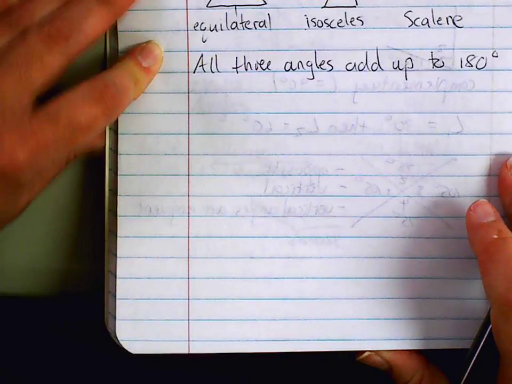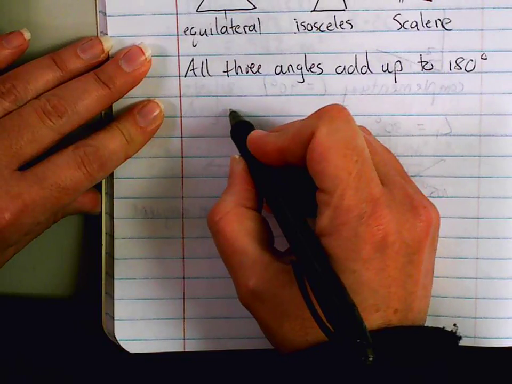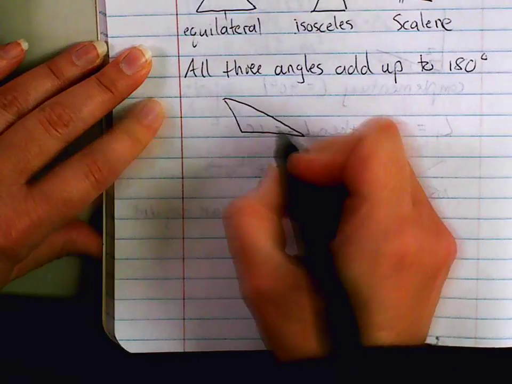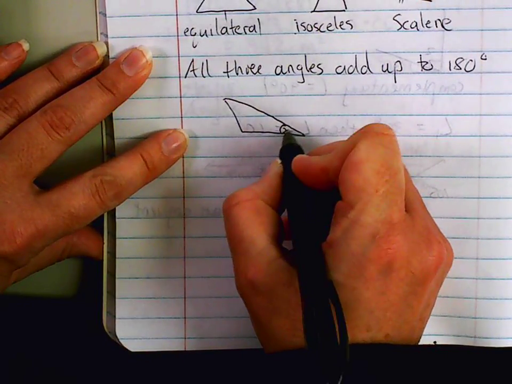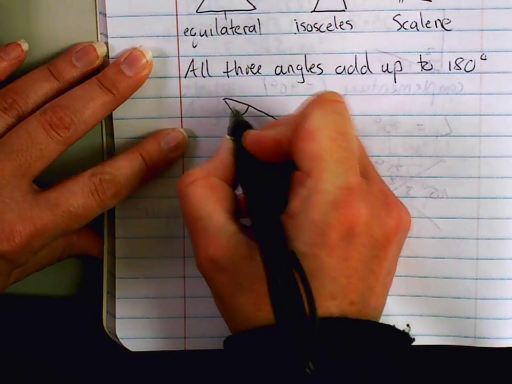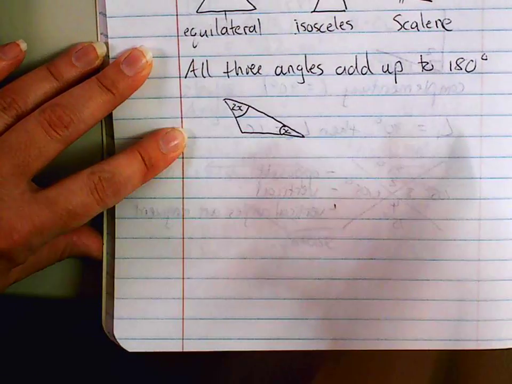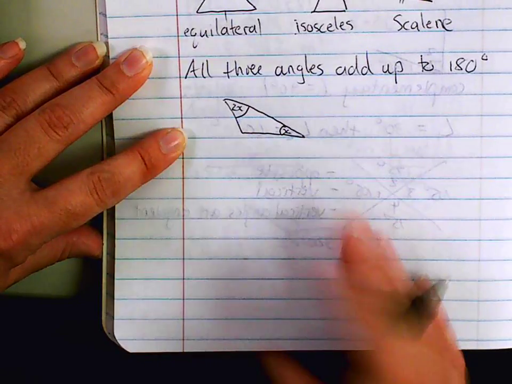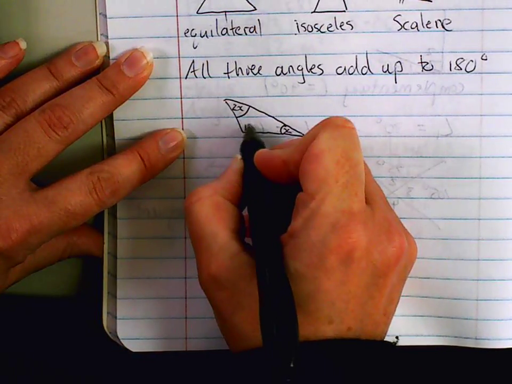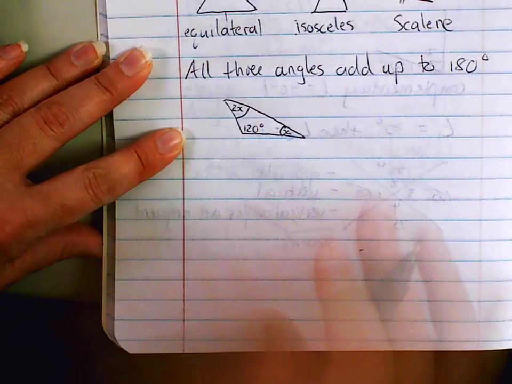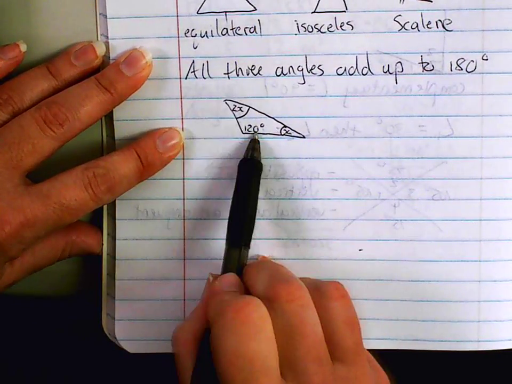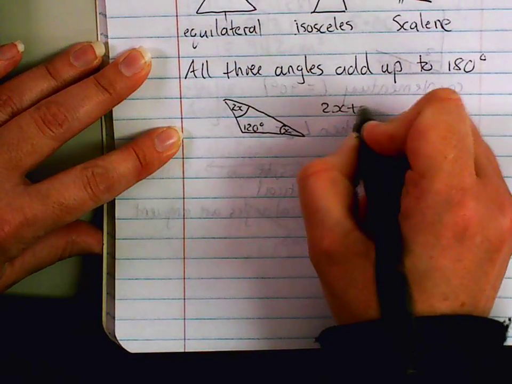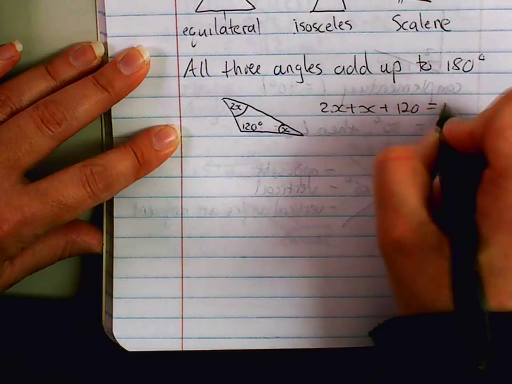So, if I had a triangle who had a corner that was x and another corner that was 2x, and a corner that was 120, I could find x and 2x, because all I need to do is add them up and make them equal to 180. So I can go 2x plus x plus 120 equals 180.